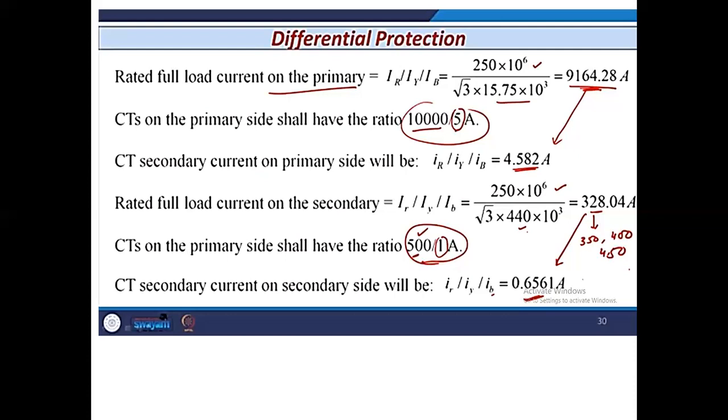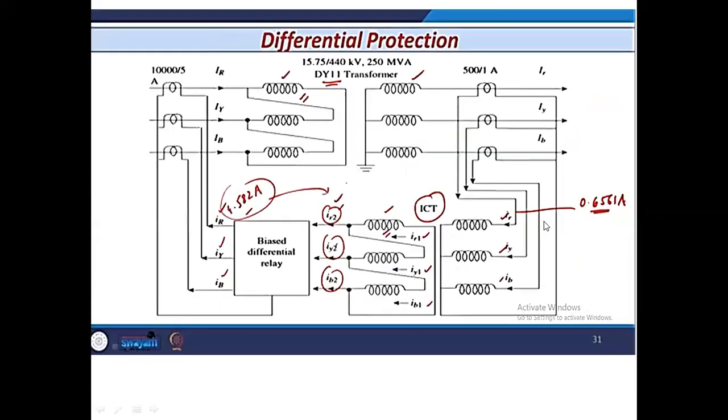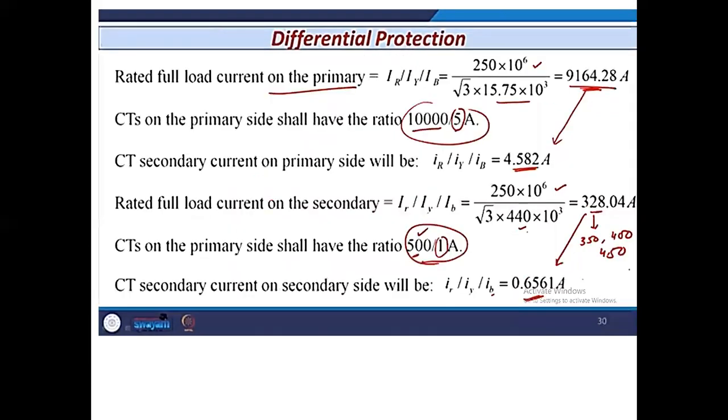Similarly, if I find the rated full load current on the secondary side, that is 250 into 10 raised to the power 6 divided by root 3 divided by 440 kV, the current will be 328.04 ampere.